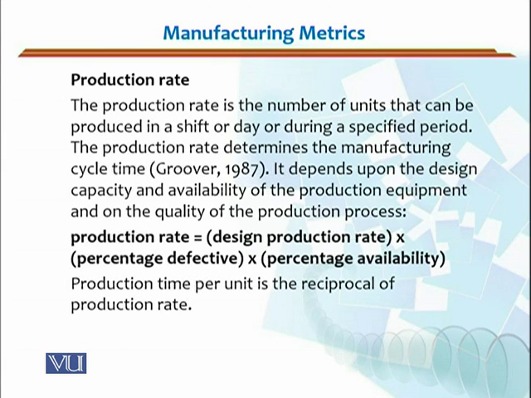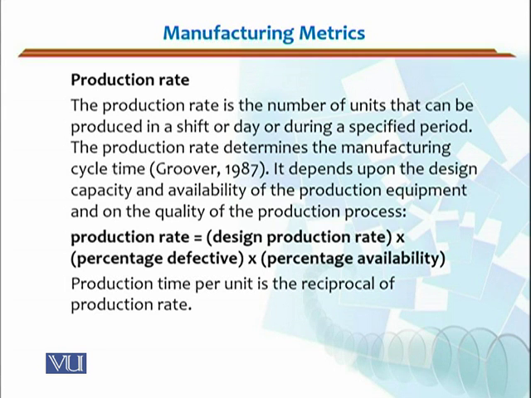It depends upon the design capacity and availability of the production equipment and on the quality of the production process. So production rate is the number of units that can be produced in a day or a shift or a specified period of time, and it determines the manufacturing cycle time as suggested by Groover in 1987.